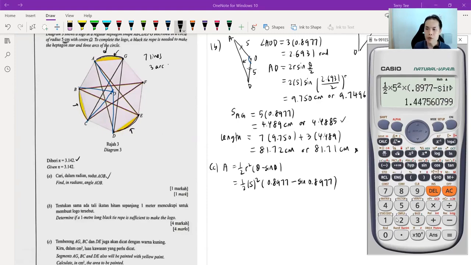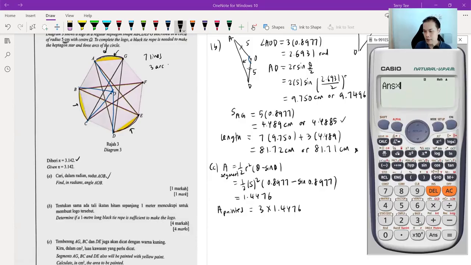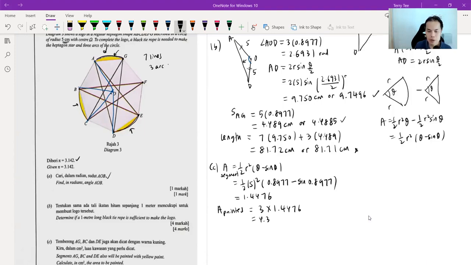I got 1.4476. Actually, you can do directly. So the area of this segment, this is the area to be painted. It is actually 3 times of this value, right? You can just times 3. I think it's more than enough. The accuracy is 4.343 square cm.